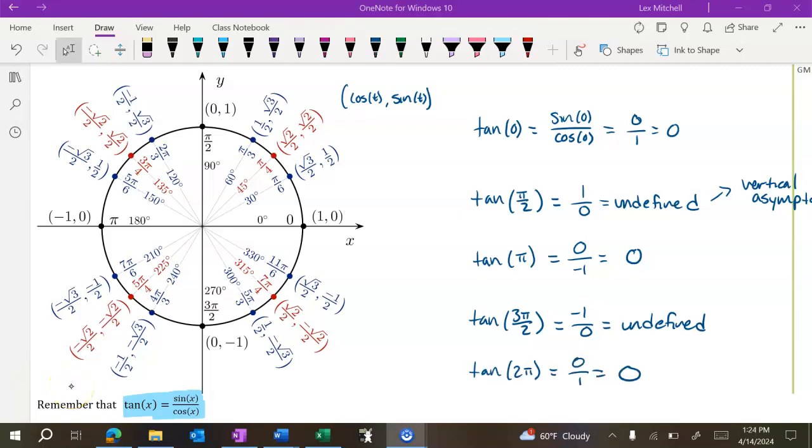So already I can see a pattern going on, right? We have 0, undefined, 0, undefined, 0, and as we keep going, it'll repeat undefined, 0, undefined. So I know there's going to be a lot of asymptotes, but I need a little bit more in between, right? I can't have a graph with two asymptotes and then one point in the middle.